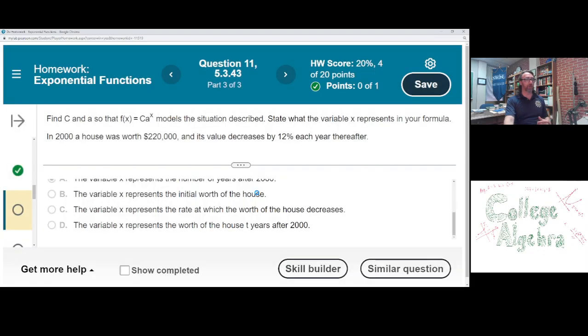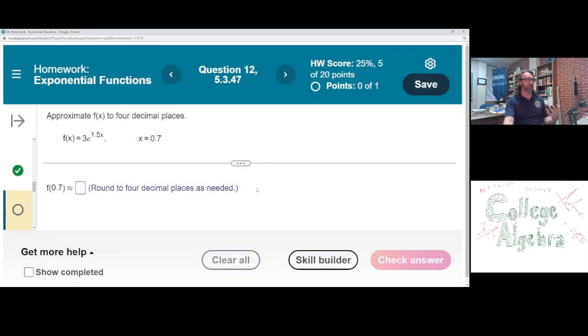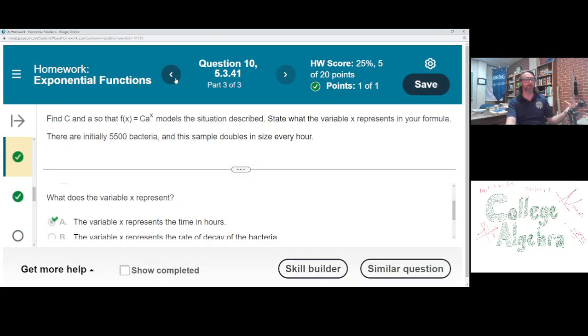So these are some example questions to get us working with exponential functions. They're great for modeling scenarios where you have a percentage increase or a percentage decrease. That first one we were working on, you might say, well, that wasn't a percentage increase, but in a way it is. It's a 100% increase. You're doubling the size.